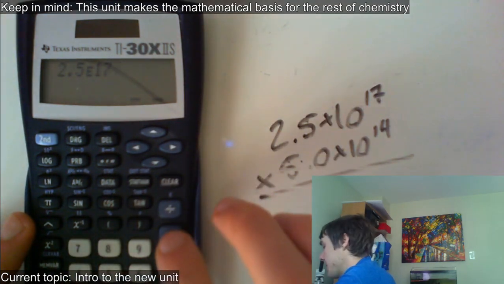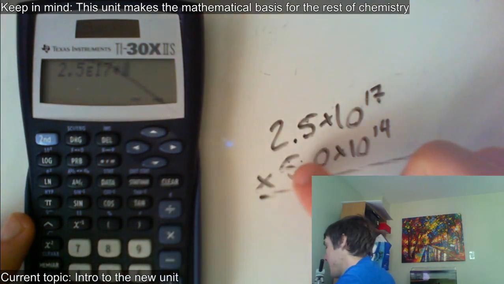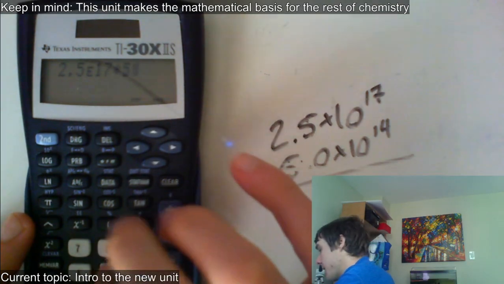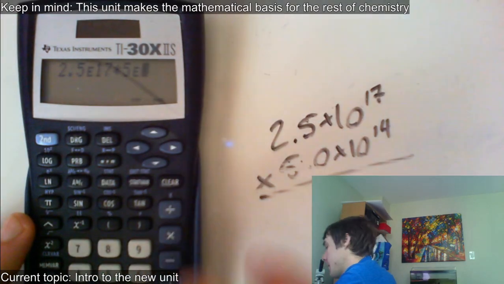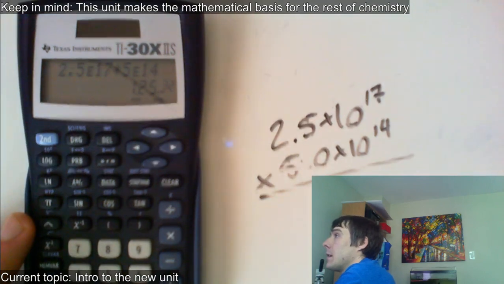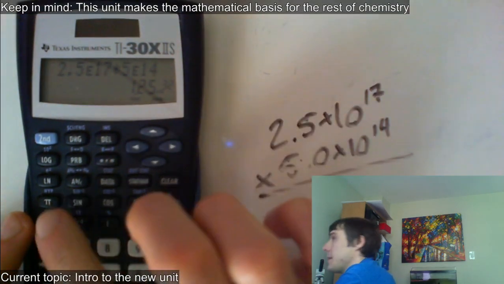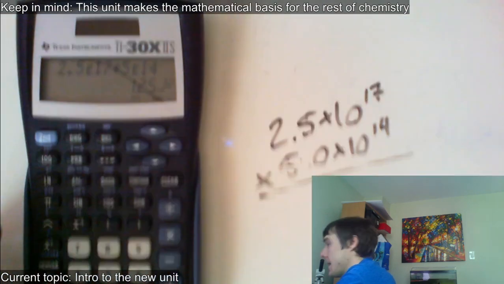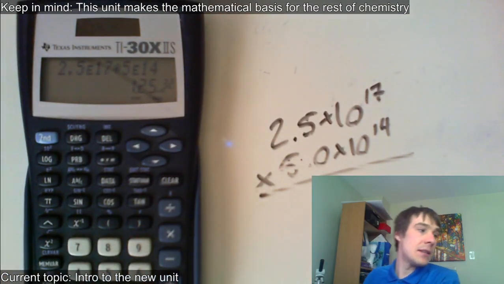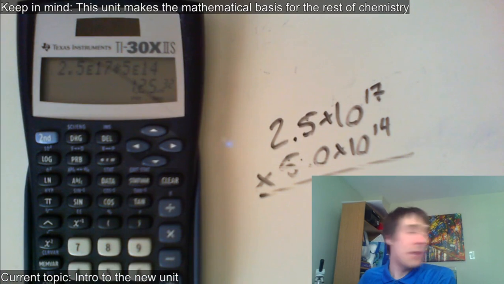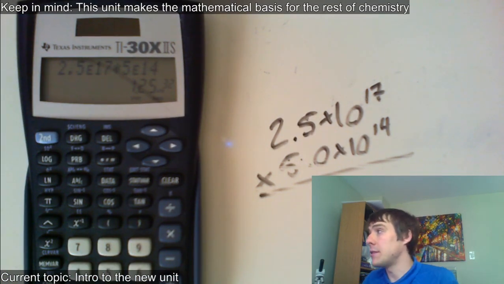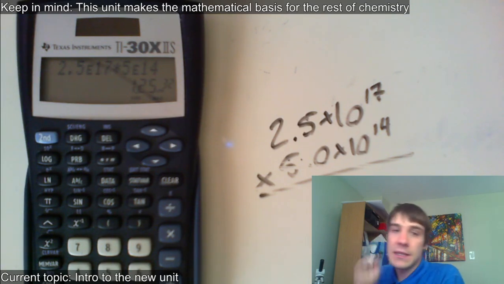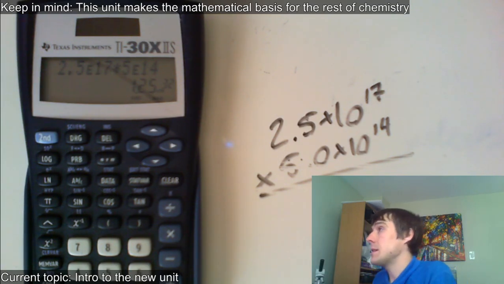That's 2.5 times 10 to the 17 times 5 times 10 to the 14, and I get the same number. So this E button makes my calculator treat that whole thing as scientific notation. And many calculators have that button, so you just have to search for it. Sometimes it's E, sometimes it's EXP, sometimes it even says times 10 to the.